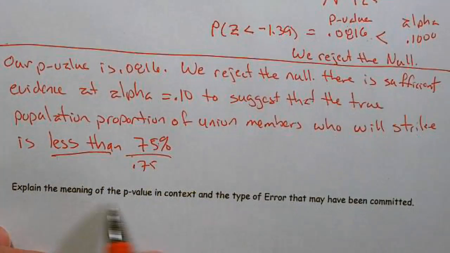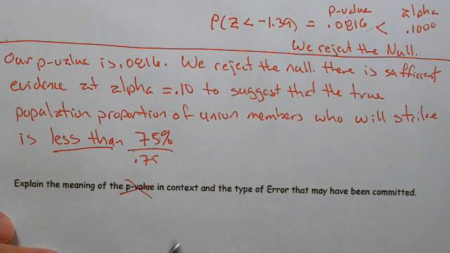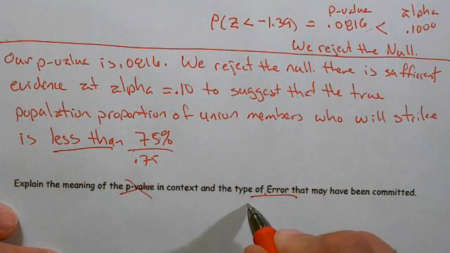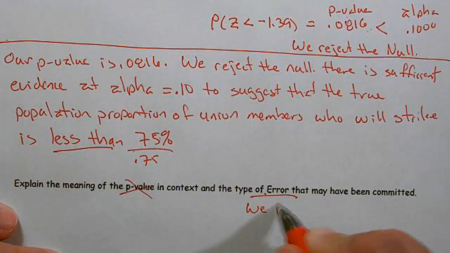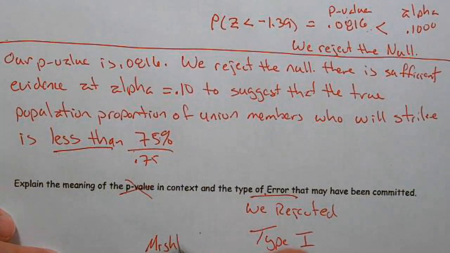It says explain the meaning of the p-value in context and a type of error. We're going to skip this part just because it's a COVID year, but the type of error, well, we rejected. All right, we rejected. So the only type of error would be type 1. So we might have made a type 1.